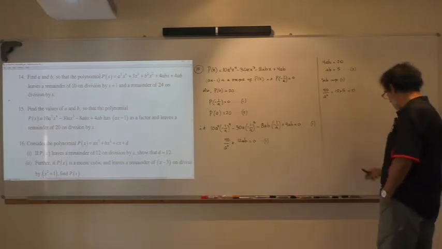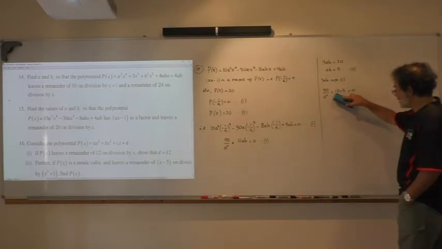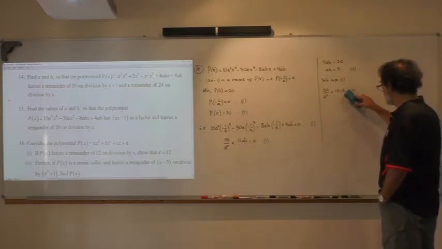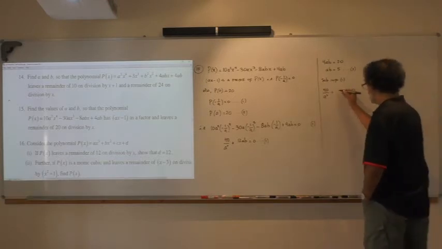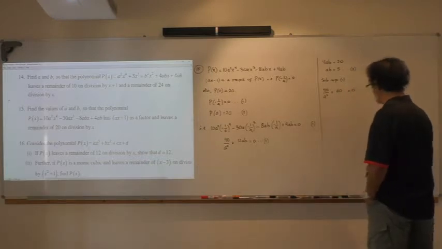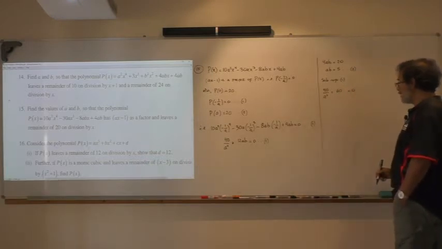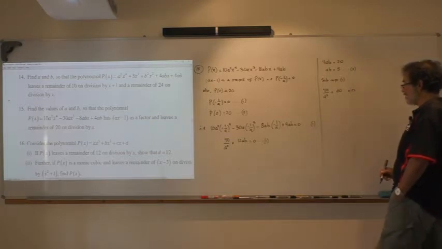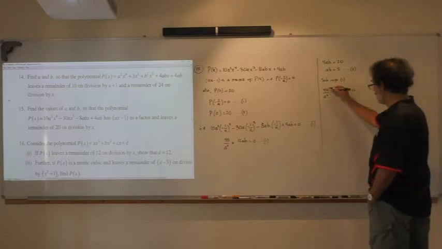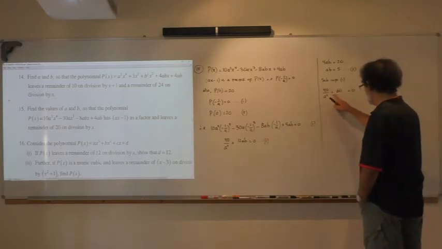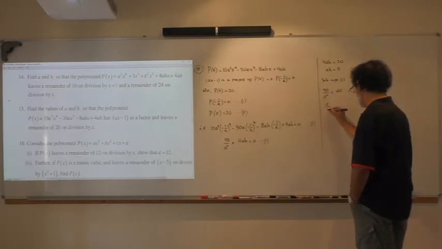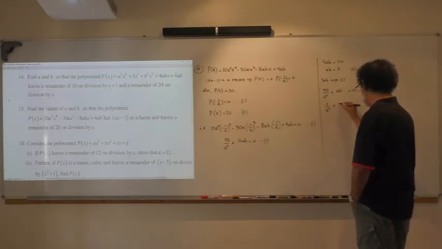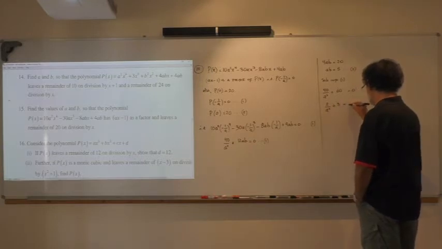Again, I'm going to change 12 times 5 to 60, so 40 over a squared plus 60 equals 0. If you want to make this even simpler, we can simplify by 10 first, so we have 4 over a squared plus 6, and then we can also divide by 2, so that means we're going to have 2 over a squared plus 3 is equal to 0.